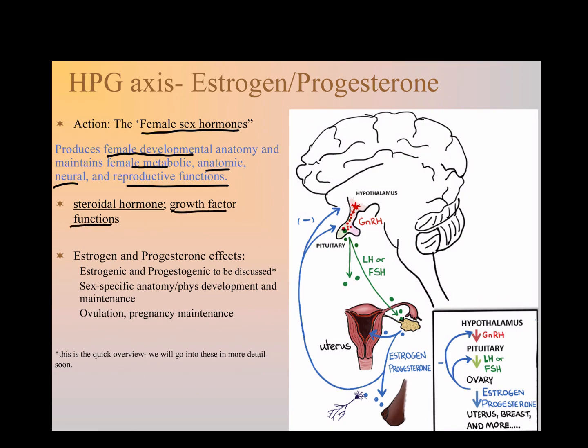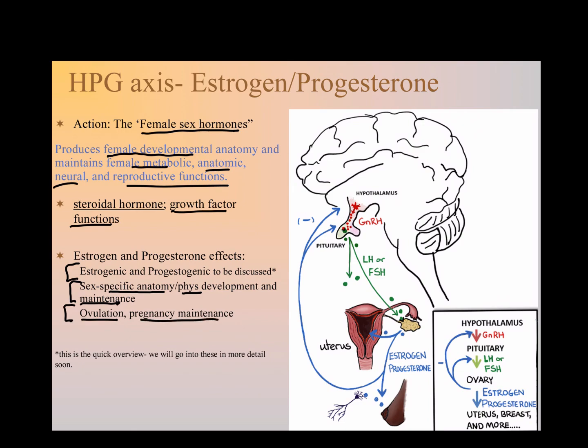We'll talk about the estrogenic and progesterogenic effects when we talk about female sex hormones specifically, and we talk about menopause and contraception. But the actions that are kind of more obvious are the development, fetal development, and puberty development of sex-specific anatomy and physiology, and the maintenance of those, as well as then in women, also ovulation and pregnancy maintenance.